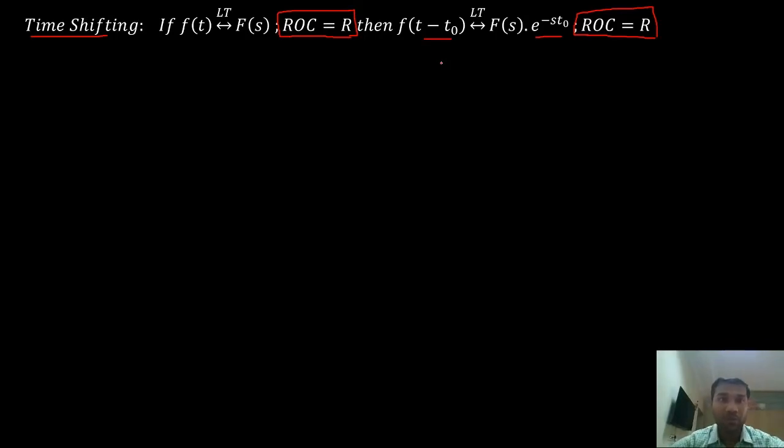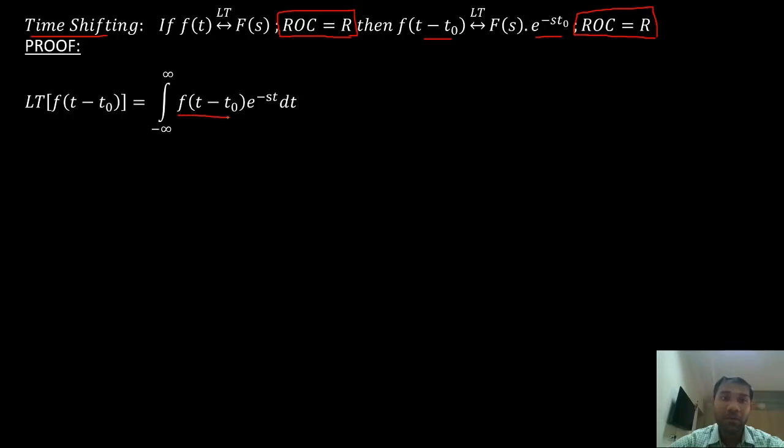Now we'll prove time shifting here, right? So time shifting, I'm going to find the Laplace transform of f of t minus t naught. So in place of f of t, I'm going to substitute f of t minus t naught, right, in the Laplace transform definition.